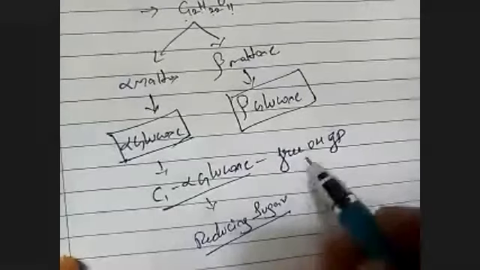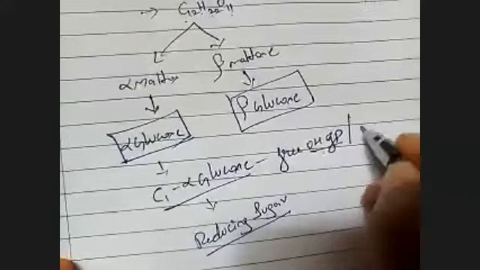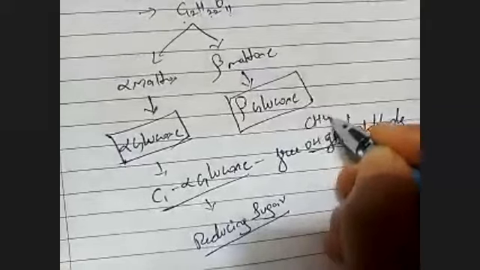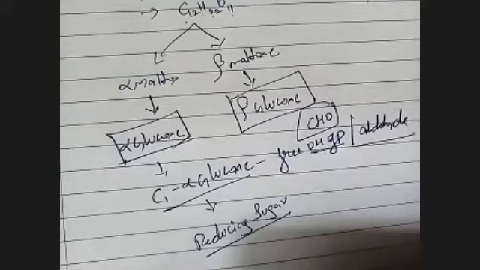Instead of free OH group, you can say free aldehydic group, which means CHO group. Okay, you can say it like that also, free aldehyde group or free OH group. So now let us write the structure of glucose first.